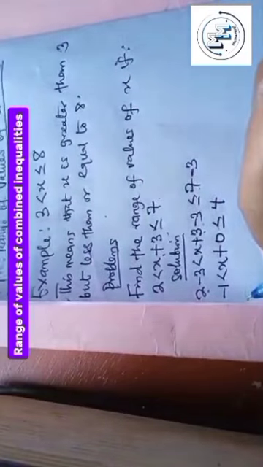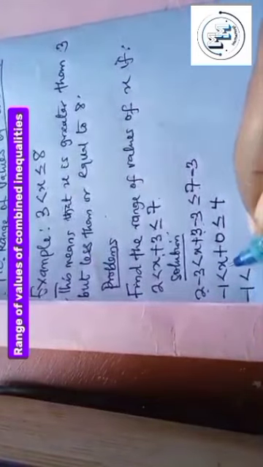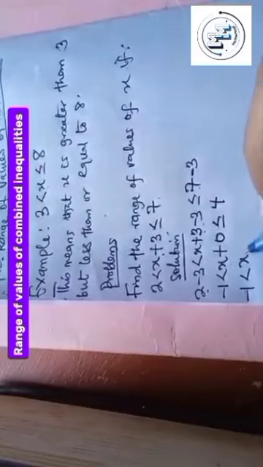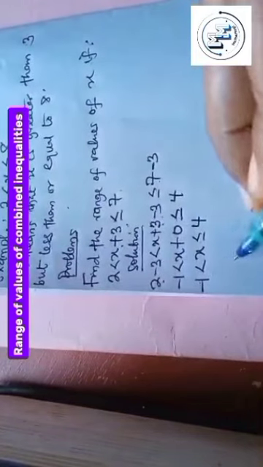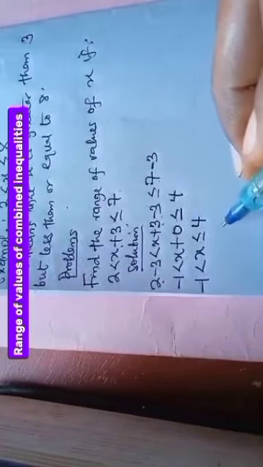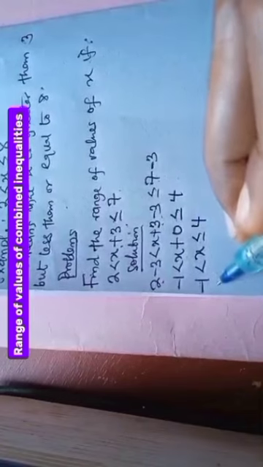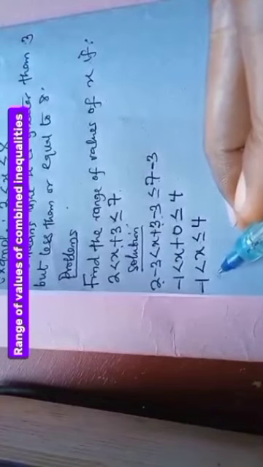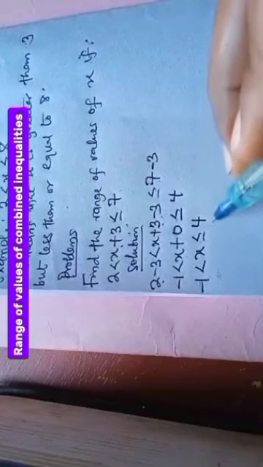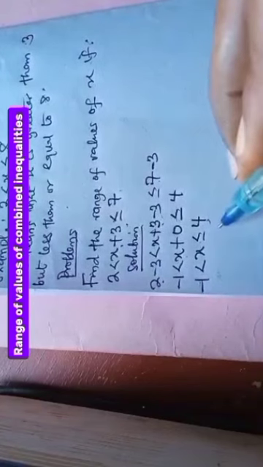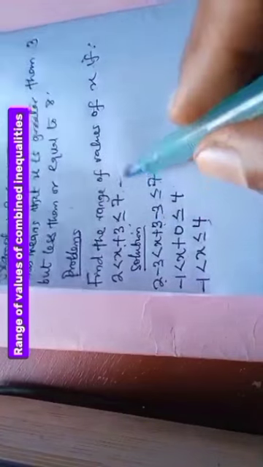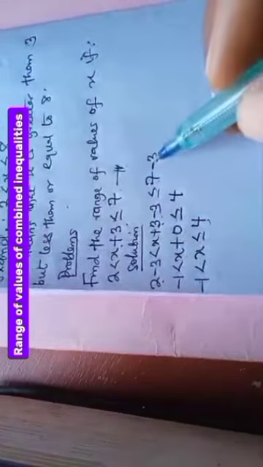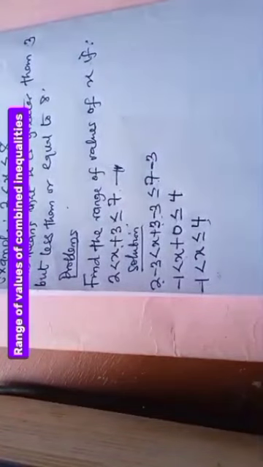I have minus 1 less than x less than or equal to 4. This means x is bigger than minus 1, but less than or equal to 4. That is the range of values that is obtainable from this. Is that okay?